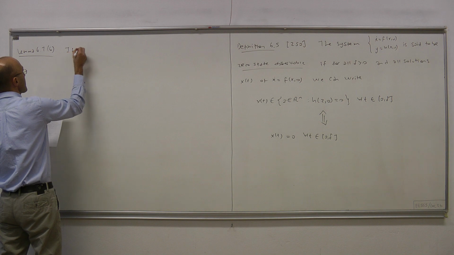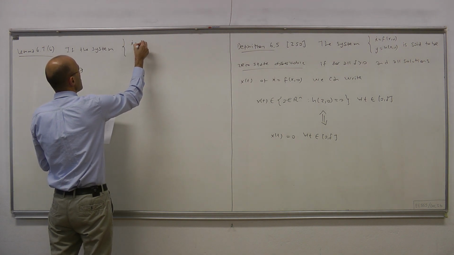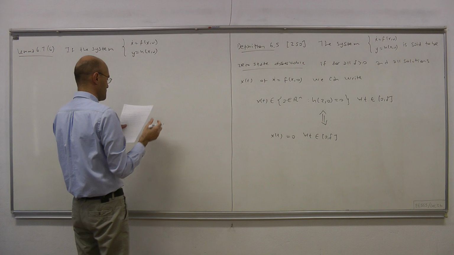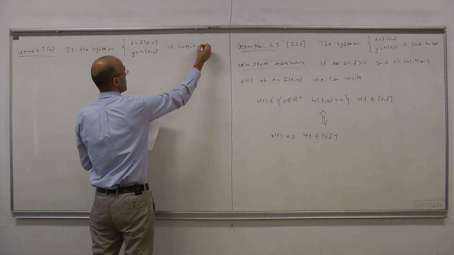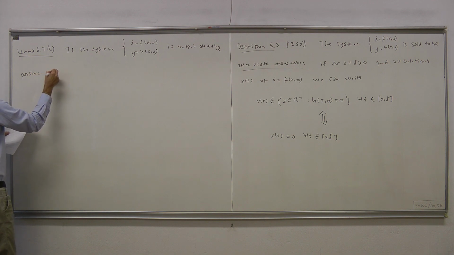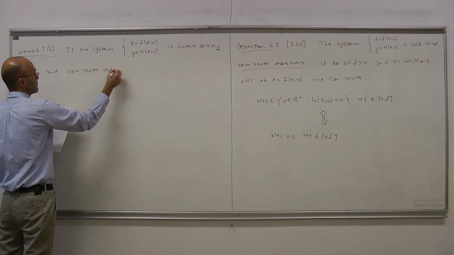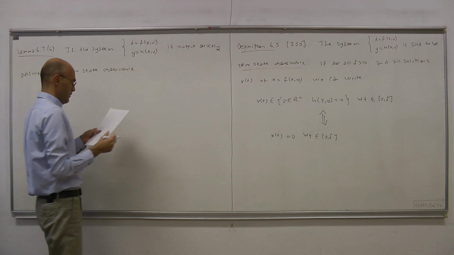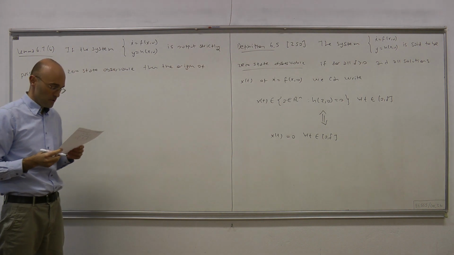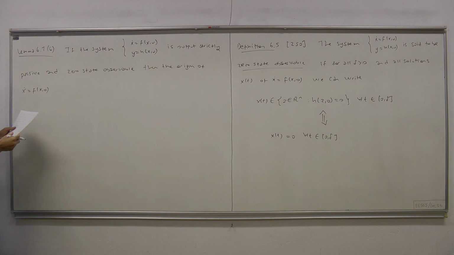If the system x dot equals f of x, u, y equals h of x, u is output strictly passive and zero state observable, then the origin of the unforced system, zero, is asymptotically stable.